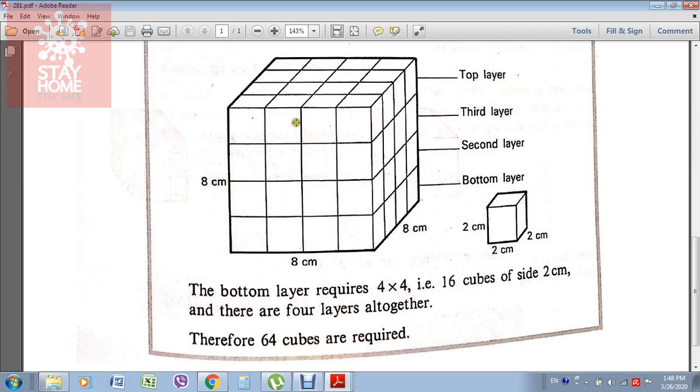So 6 from one side, 2 from the other side. How much total? 6 and 6, 12. We need 12 cuboids. Like this you can solve.